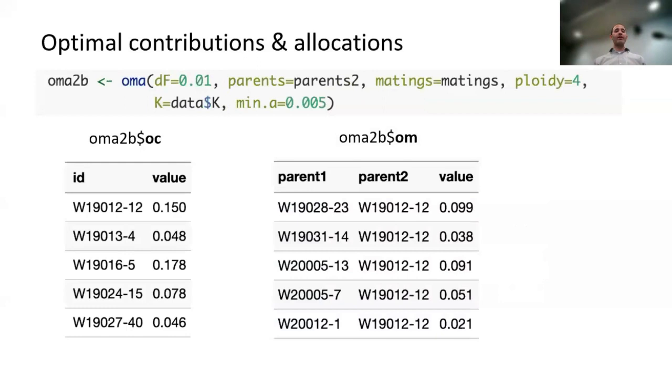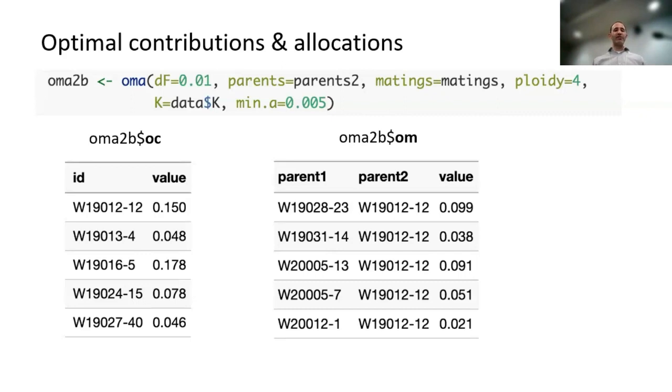What about the allocations and the contributions themselves? These functions return not just that response part of it, but they also have a component of the list that has the name OC for optimal contribution or OM for optimal mating. I guess I could have called it OA now that I think about it, but that's what I came up with. For the OCs, it's the names of the individuals and what their contribution is to the next generation. I look at this individual, 1912-12, its contribution is 0.15.